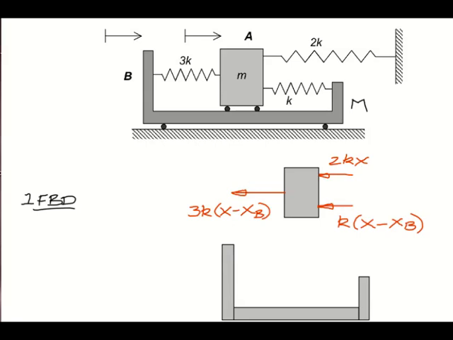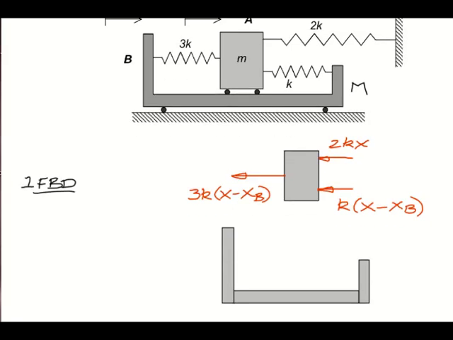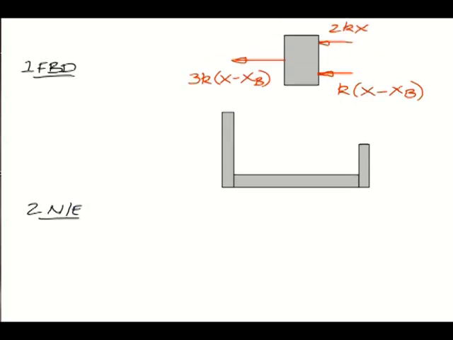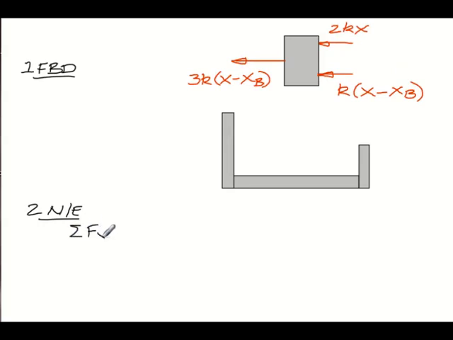Okay, so that's really what we need. Let's now use that FBD in order to come up with our equation of motion. So we'll use the Newton-Euler equations for block A. And if we sum forces in X, positive to the right, we have a minus 3K times X minus XB.